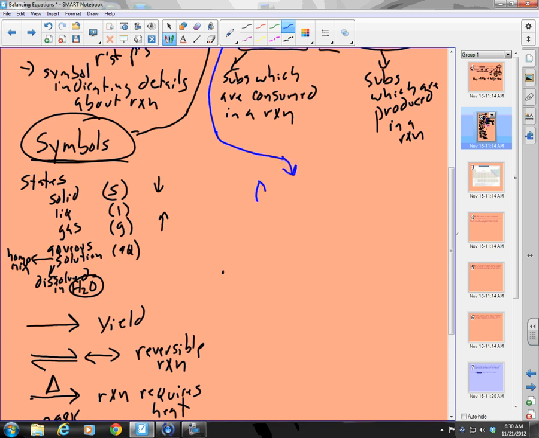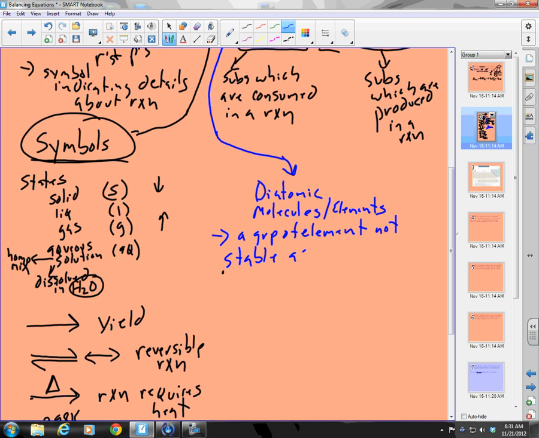And we want to talk a little bit about diatomic species. There's a group of diatomic molecules, diatomic elements. There are a group of elements which require, they're not stable alone, okay? A group of elements not stable as single atoms.